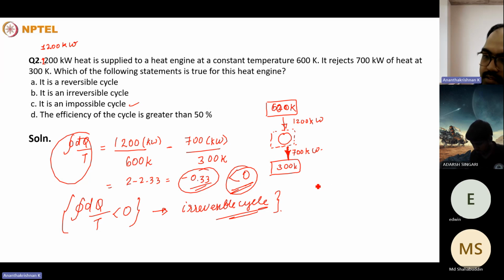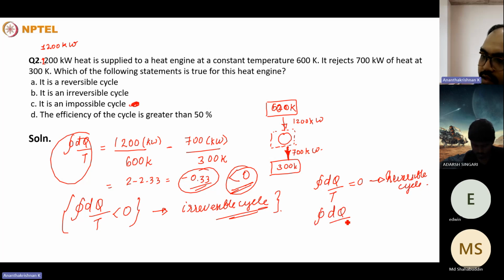So cyclic integral of dQ by T equal to 0 means that it's a reversible cycle.